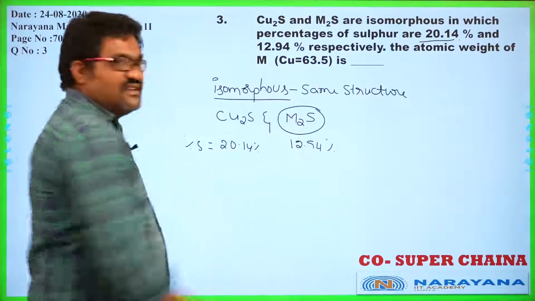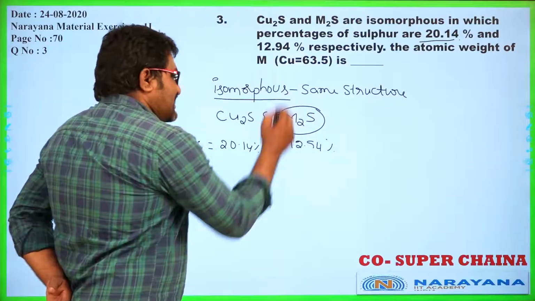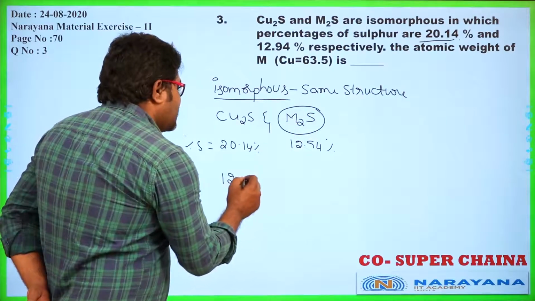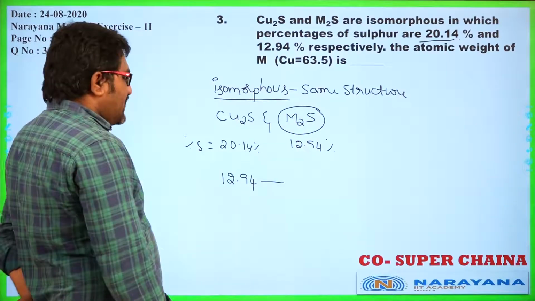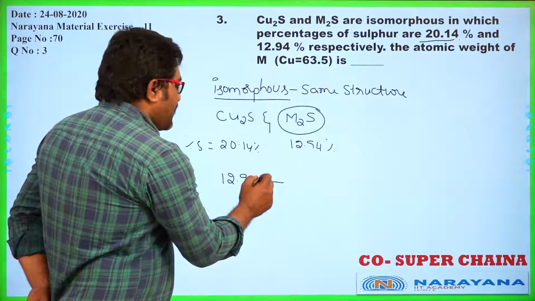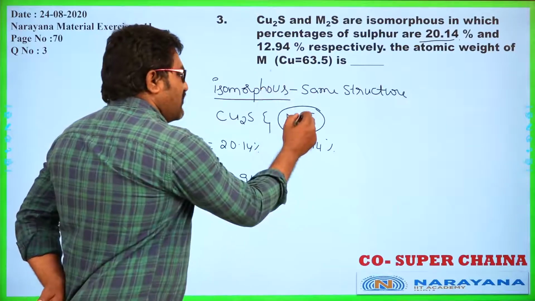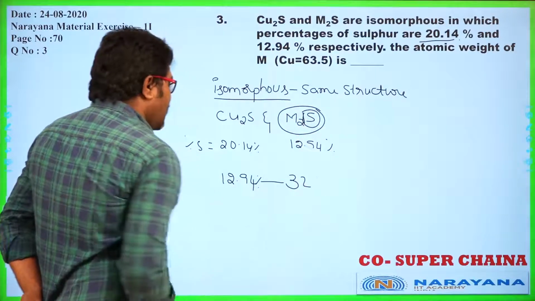In 1 mole of M2S only one sulfur atom is there, and that occupies 12.94%. So the weight of 12.94% is equal to the weight of one sulfur atom, which is 32. Now the remaining weight.